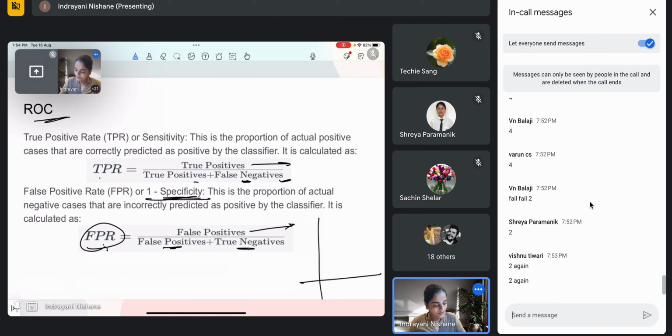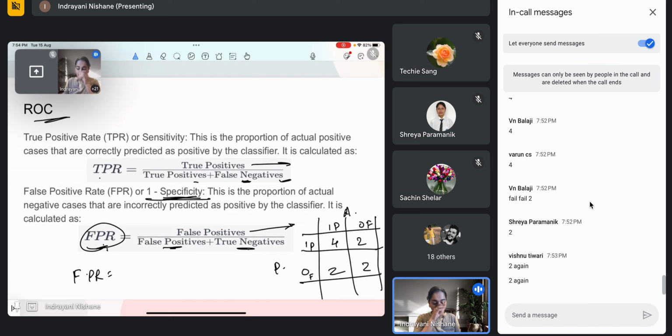Let us recall our values: 4 and the others had 2, 2, 2, right? This was our confusion matrix. This was the predicted and this was the actual. This is pass, fail, pass, fail.